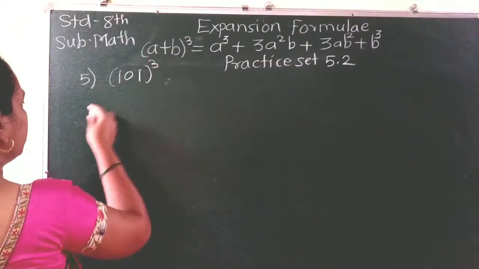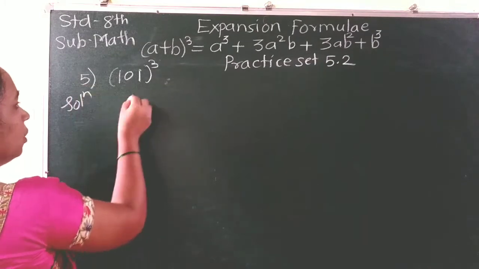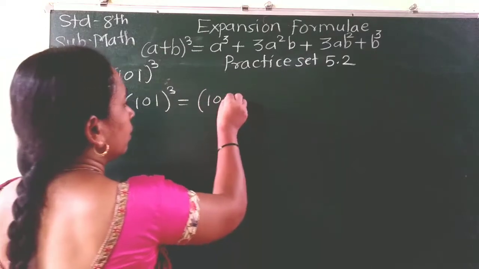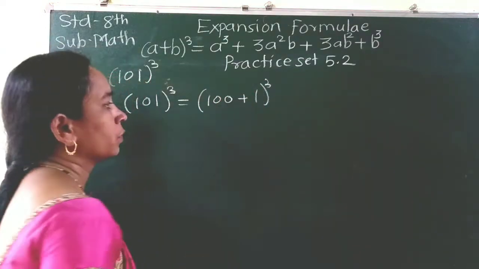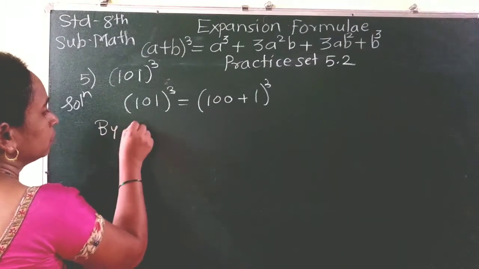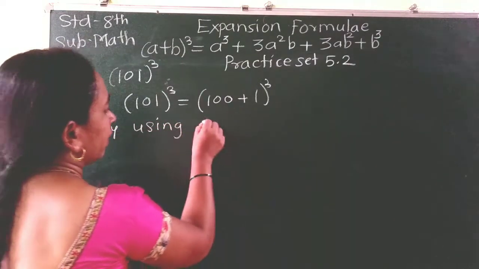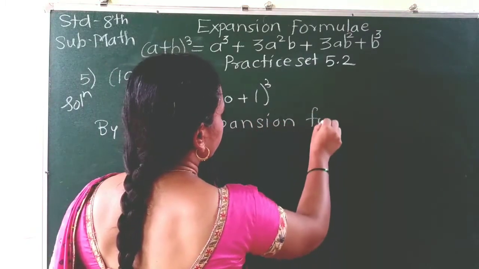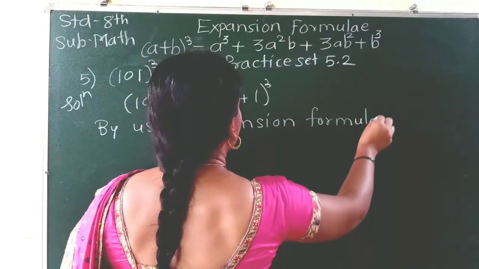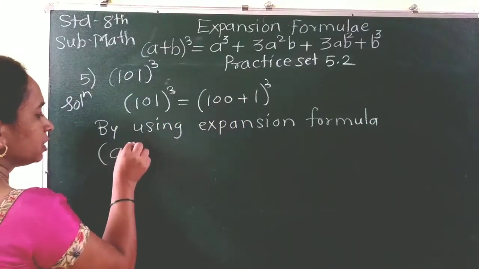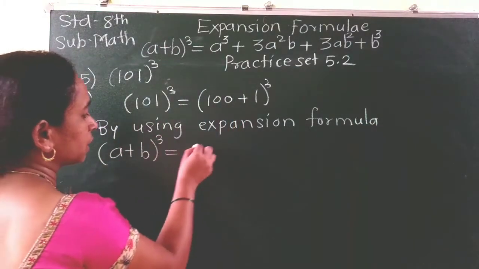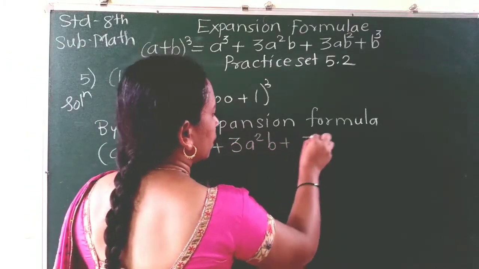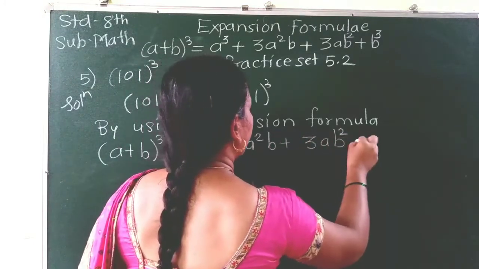Fifth example, 101 bracket cube. So solution: 101 bracket cube, I can write (100 plus 1) bracket cube. By using the expansion formula, (a plus b) bracket cube is equal to a cube plus 3a square b plus 3ab square plus b cube.